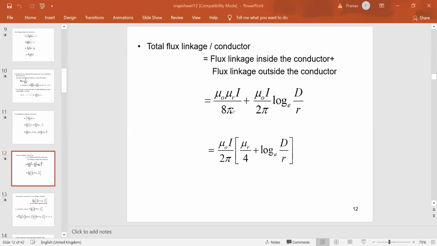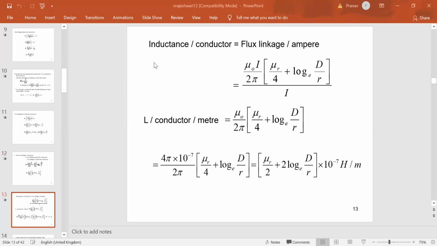So by substituting the above calculated values, mu naught into mu r I by 8 pi is the inside of the conductor, and outside of the conductor mu naught I by 2 pi log of d by r. Mu naught and I by 2 pi are common for the two terms. So mu naught into I by 2 pi into remaining mu r by 4 plus log of d by r.